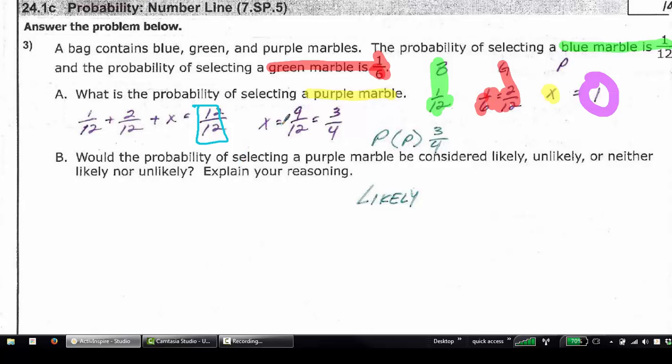And I know that that is 9/12. Now you might say, well, you skipped a step. So here's what I did. I said 12/12 is what I have to get all together. I'm going to take away the 3/12 that I got if I add 1/12 plus 2/12, and that leaves me 9/12, which is 3/4. And that is a likely event. 3 out of 4 is a likely event.